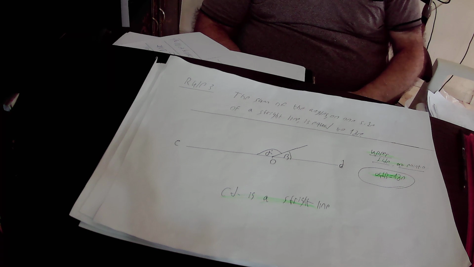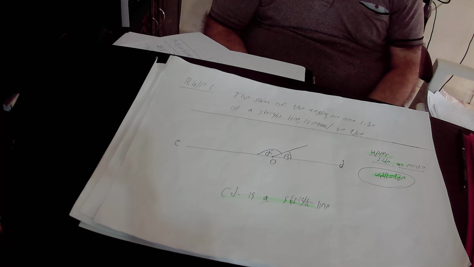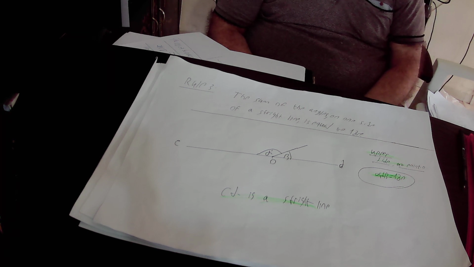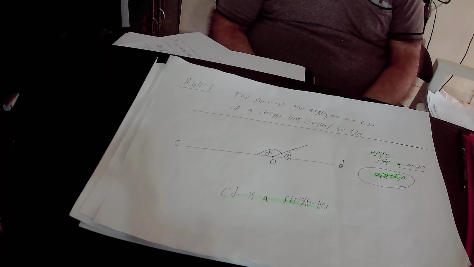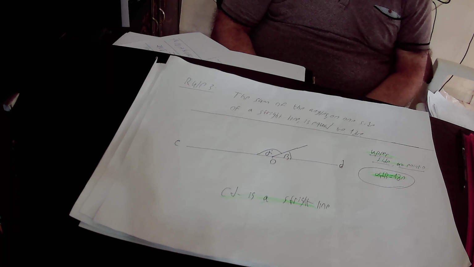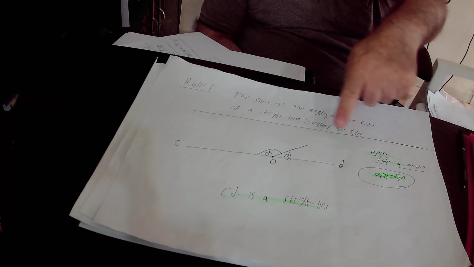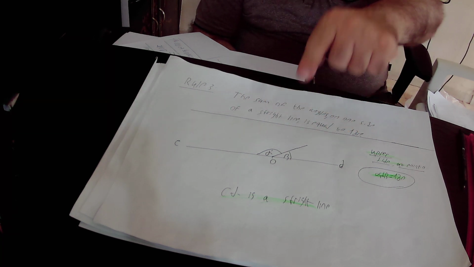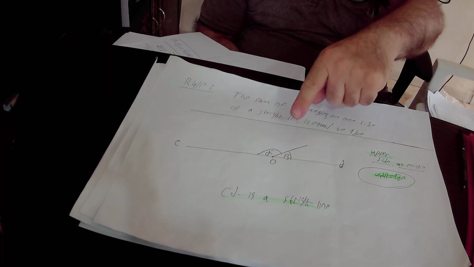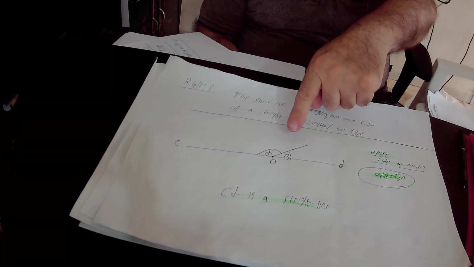According to rule number 3, the sum of the angles on one side of a straight line is equal to 180 degrees. So we have the straight line CD, if we focus on the upper side of the straight line CD, we know that here the sum of the angles must be equal to 180 degrees. So which angles do we have here?